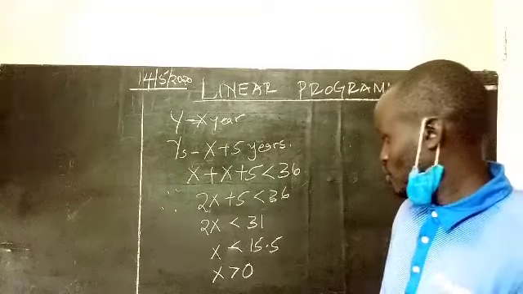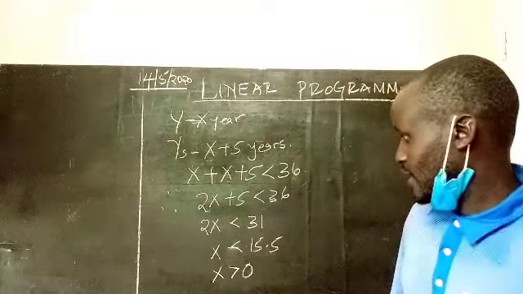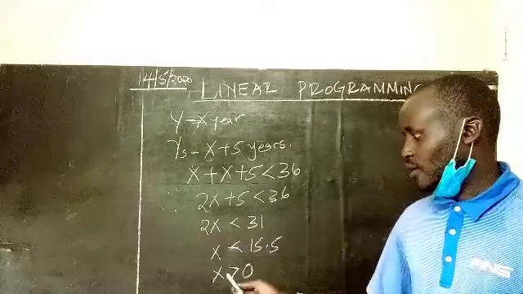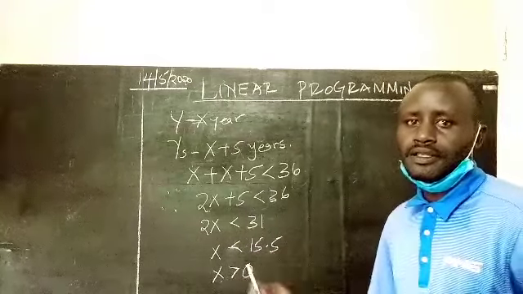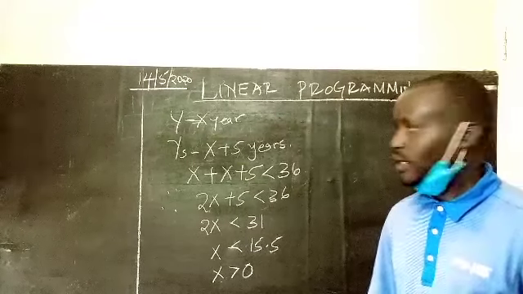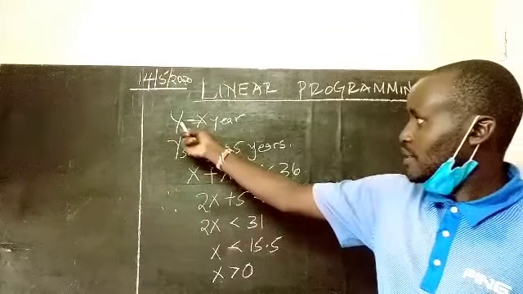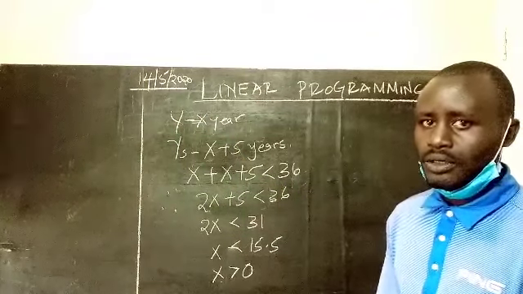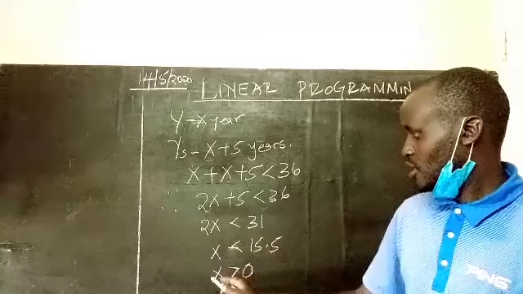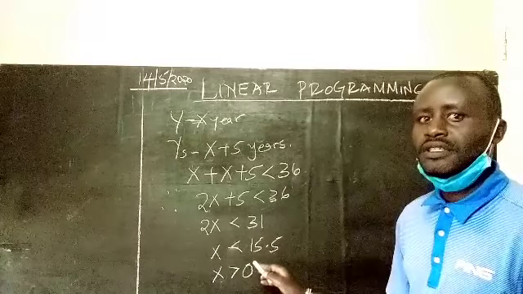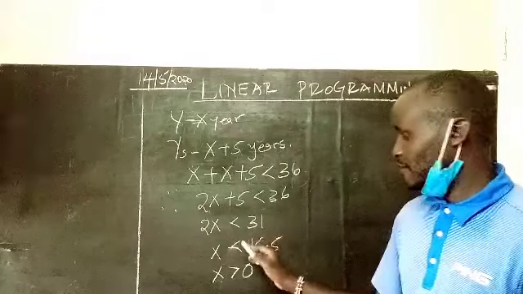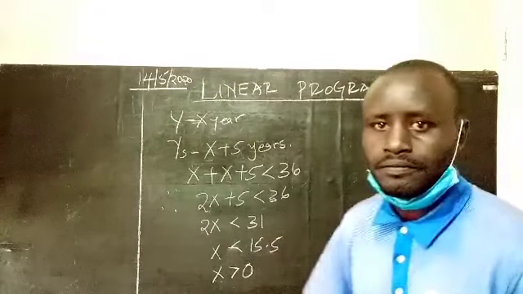So we have two inequalities here already: x is less than 15.5, and x is greater than 0, meaning Yona's age is ranging from more than 0 and less than 15.5.